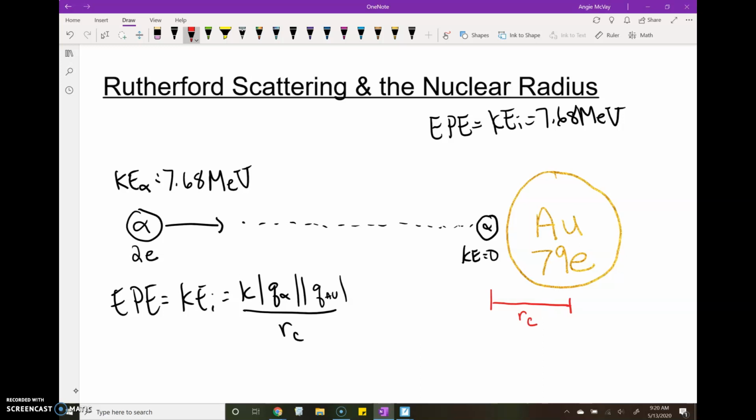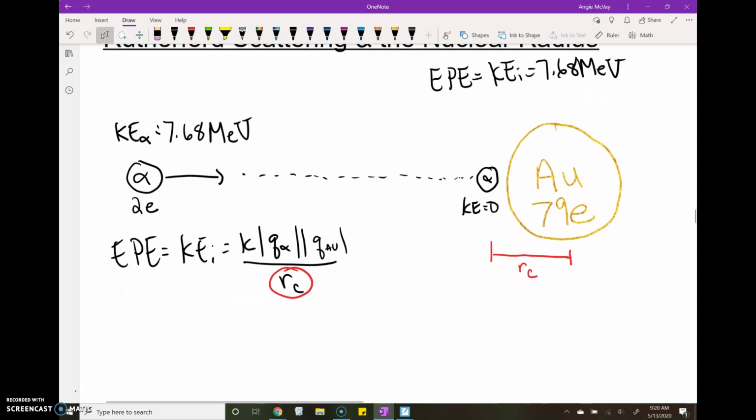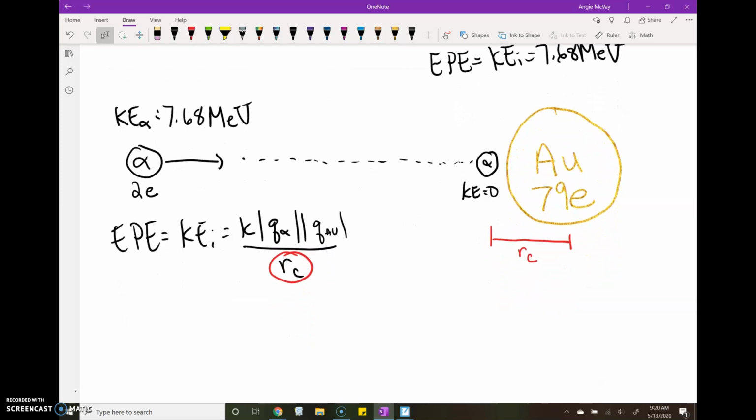All right. If we wanted to calculate this critical distance using this equation, we totally could, just putting in more specific abbreviations. So the kinetic energy is 7.68 mega, so times 10 to the 6 electron volts.